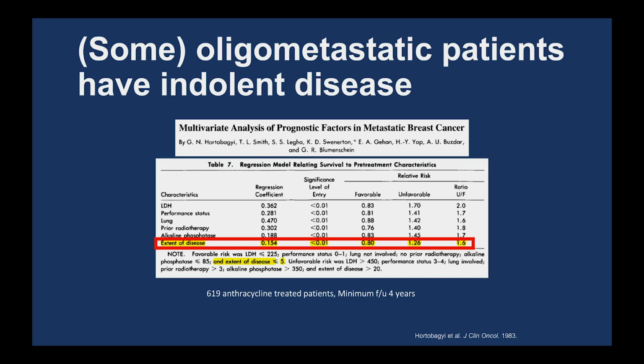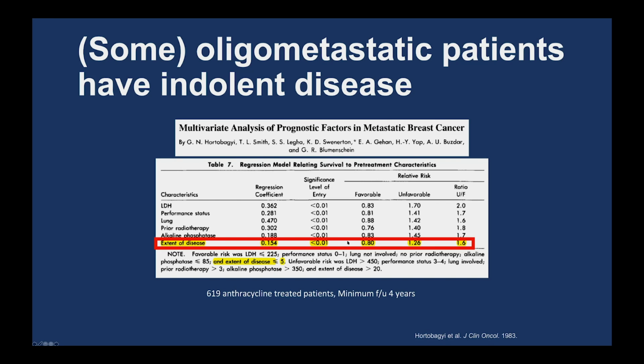This is an older study from the 80s that demonstrates that we knew that the amount of cancer at the very beginning mattered. This is a study in breast cancer, and the extent of disease, in this case designated as patients with 5 or fewer areas of cancer, tended to be associated with a more favorable outcome.